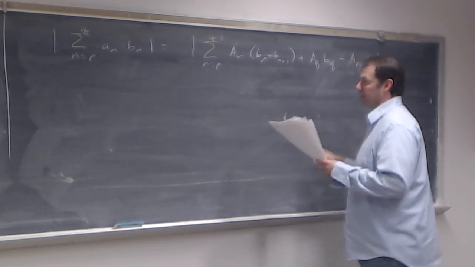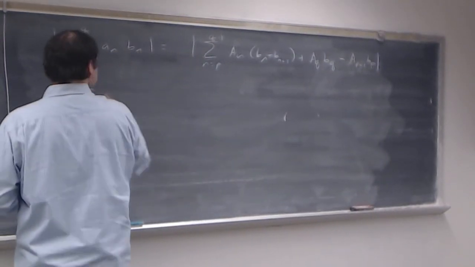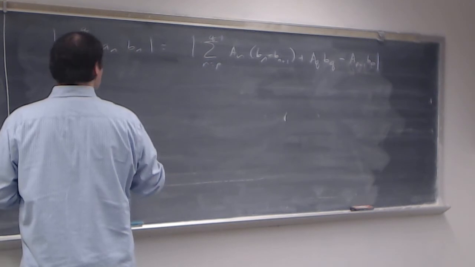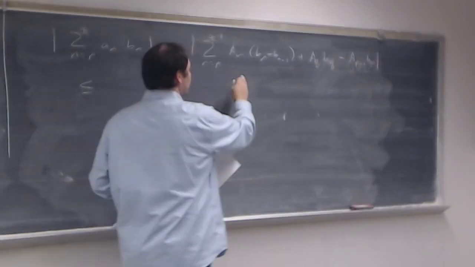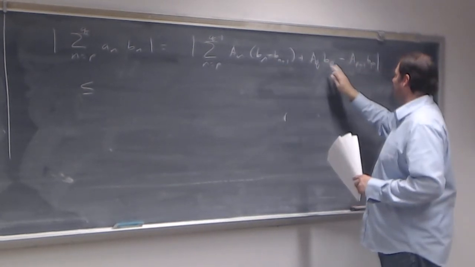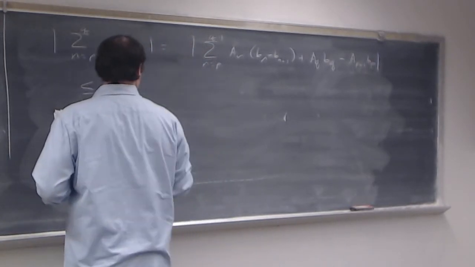And this is all in absolute values, which is less than or equal to, by the triangle inequality, the absolute value of each of these pieces. And then we can bring the absolute value inside the sum.